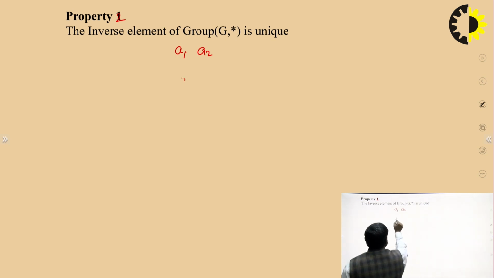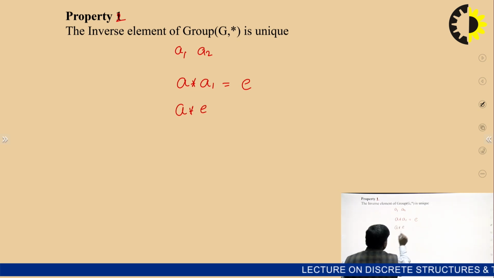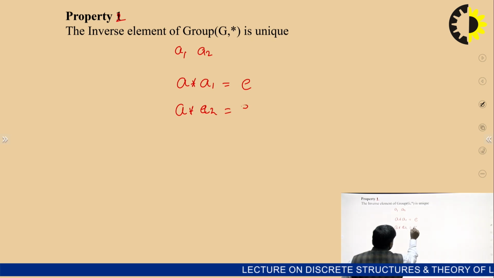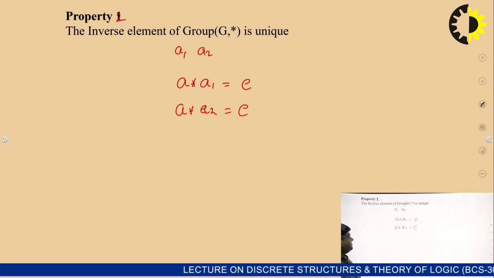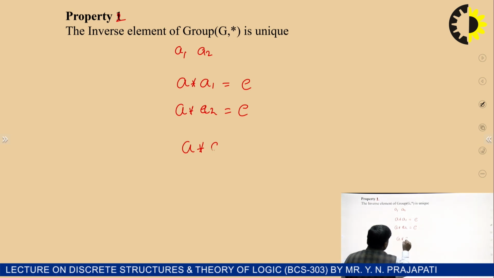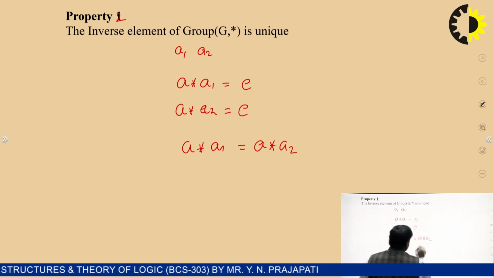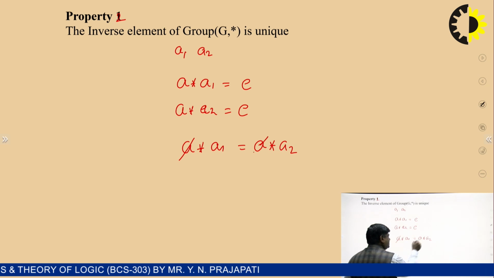Now, A into A1 is equal to E. That is the property of the group. And A into A2 is equal to, that is also E. It means A into A1 and A into A2, and this one cancels.